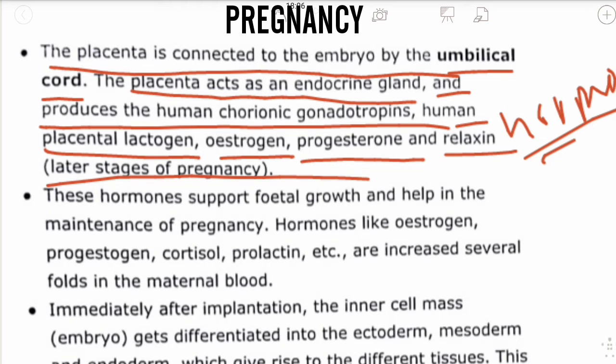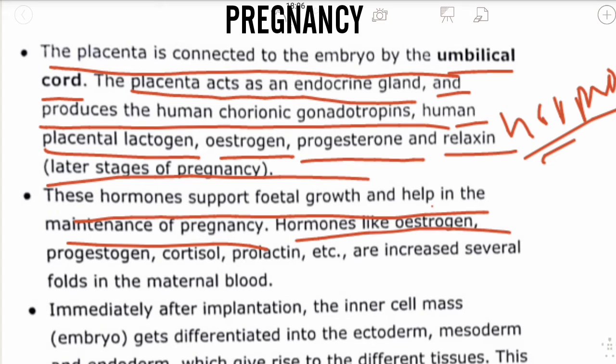It produces hormones such as estrogen, progesterone, human chorionic gonadotropin, human placental lactogen, and relaxin in the later stages of pregnancy. These hormones support fetal growth and also help in the maintenance of the pregnancy.